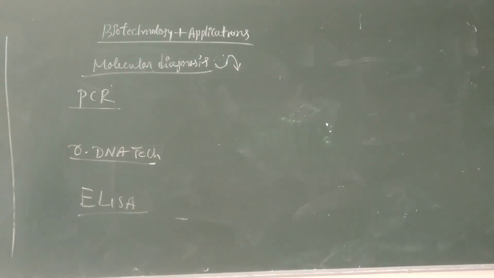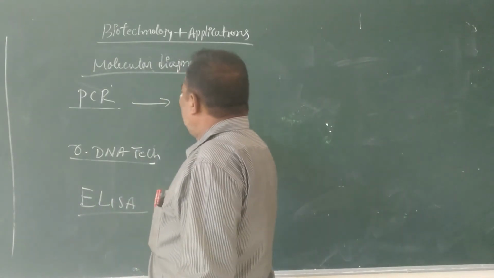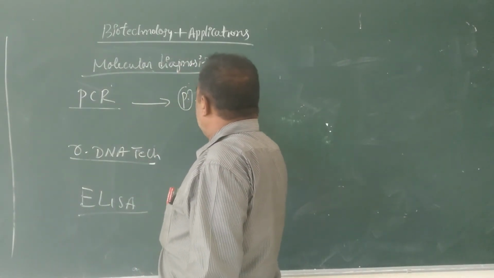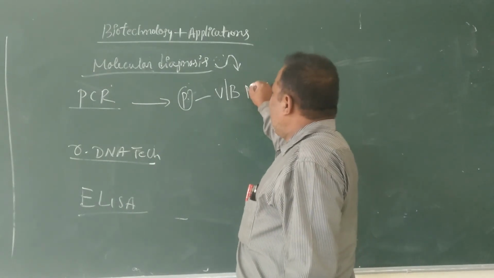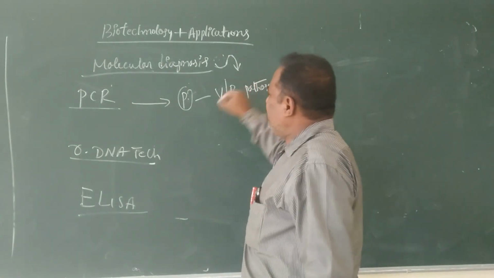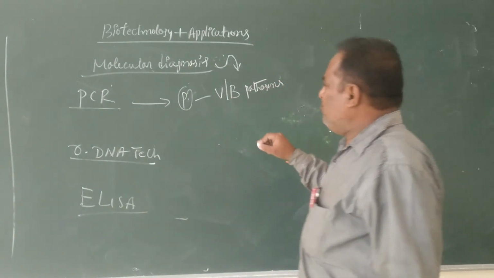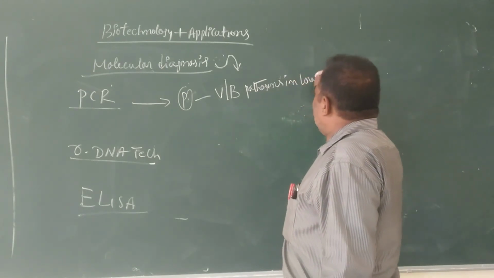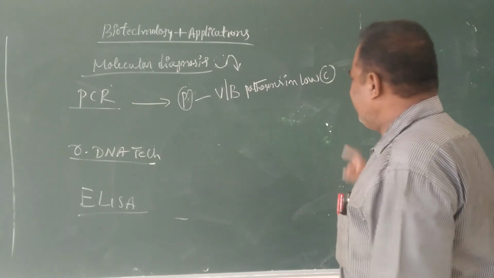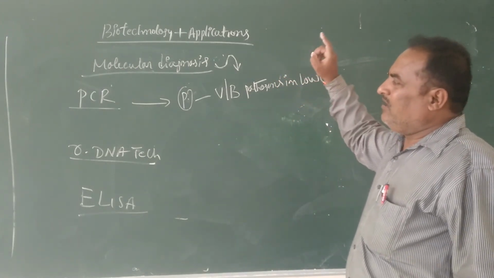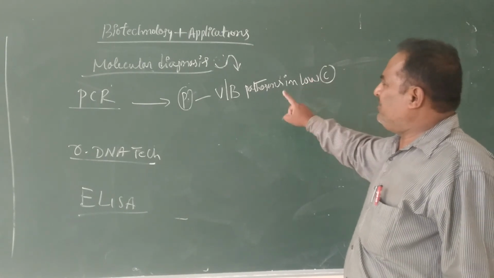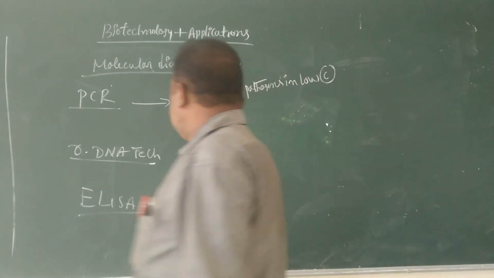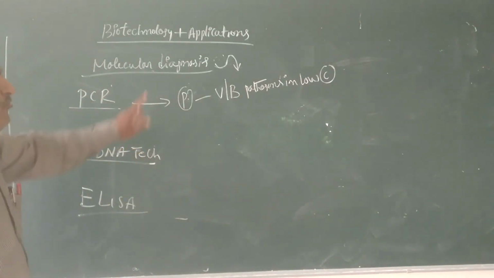In the case of polymerase chain reaction, the presence of virus or bacteria pathogens in low concentrations in the blood does not yet show visible symptoms.